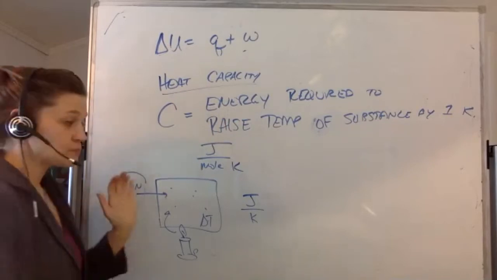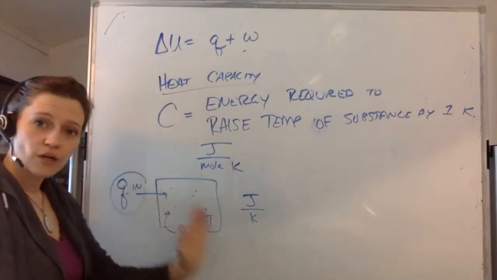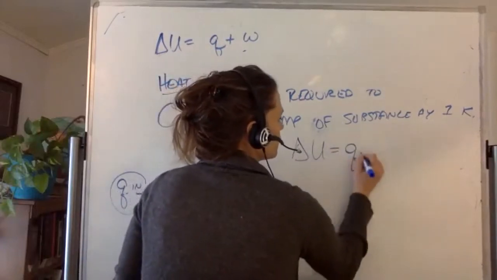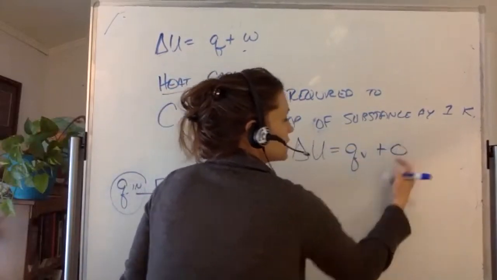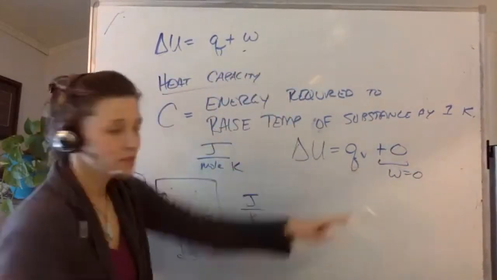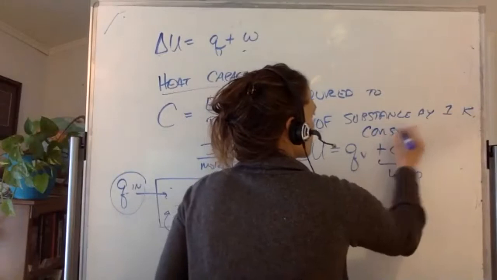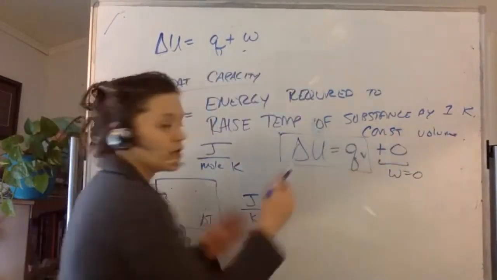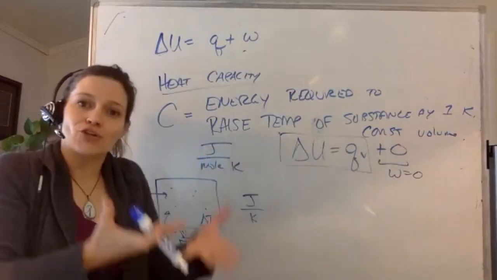Okay, so under constant volume conditions, remember, delta U equals Q_V plus 0, so work is 0 for constant volume processes. That means that any heat that goes in is going into the internal energy.